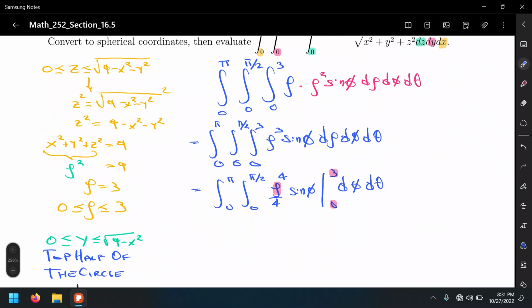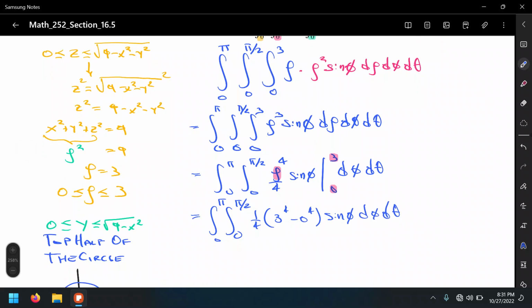So that means the double integral from 0 to pi and from 0 to pi over 2 of 1/4 times 3 to the 4th power minus 0 to the 4th power, times sine phi d phi d theta.